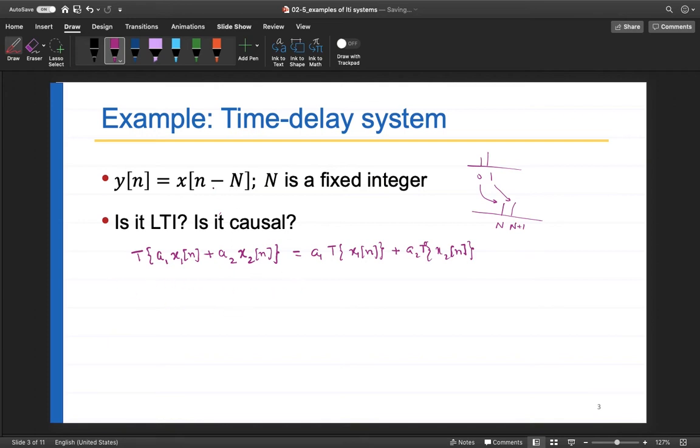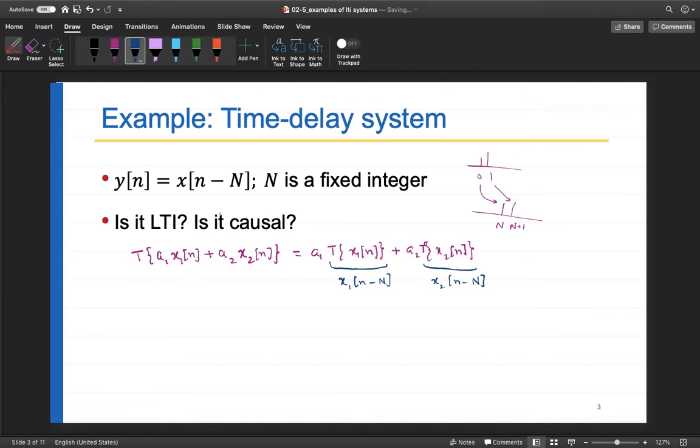Let's apply this definition to this signal. So what will be the transformation of x1 of n? This is y1 of n, but it is equal to x1 of n minus capital N, right? And this term will be likewise equal to x2 of n minus capital N. Let us see this side.